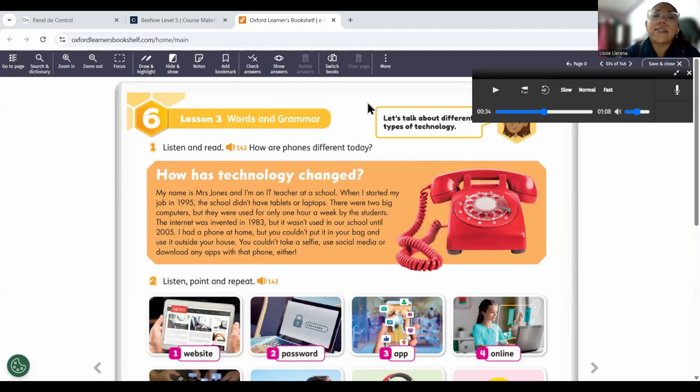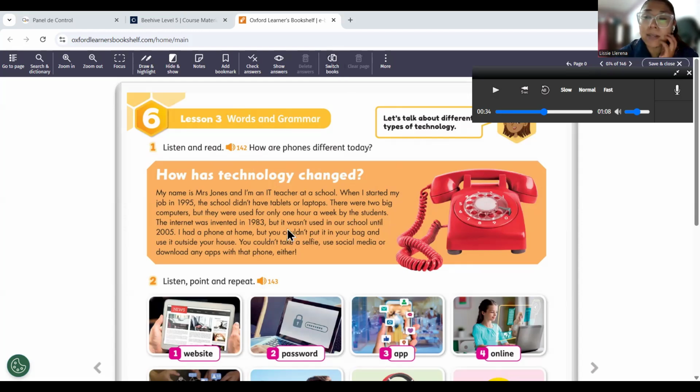Let's start with this little reading as a warm-up, and I would like you to tell me what this is about, which kind of words you recognize, and let's see if we can relate all these new words and the words that you already know to the class that we are going to be working with today.